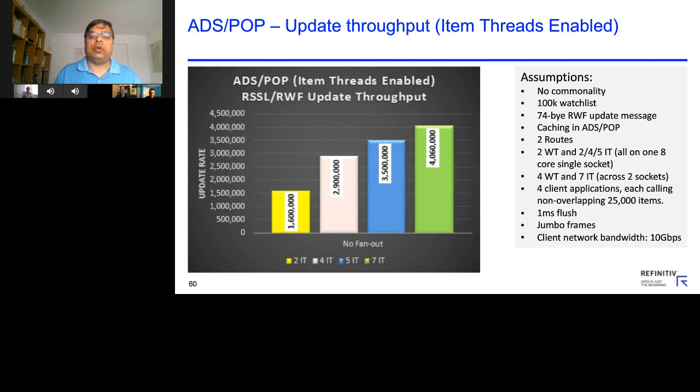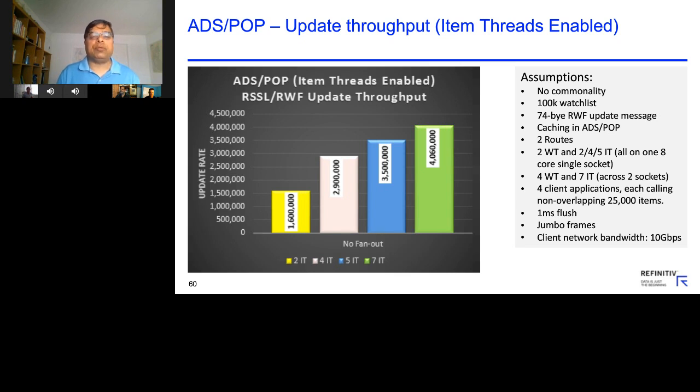So if you were to use 2 item threads, or 4 item threads, or 5 item threads, you see the values going up to 3.5 million. That's all on the same NUMA node, because the configuration was 2 writer threads, and then we varied the number of item threads to 2, 4, or 5. Everything is in the same NUMA node, 8-core single socket. So that was a good boost.